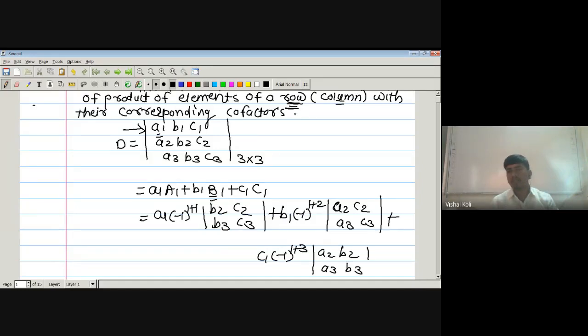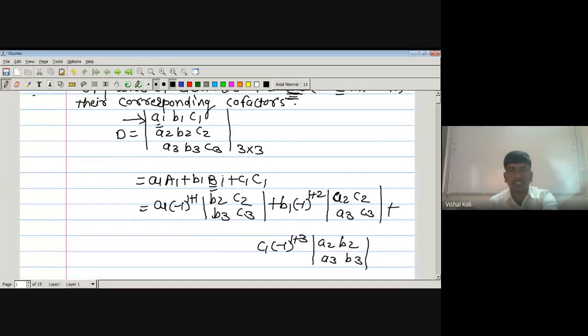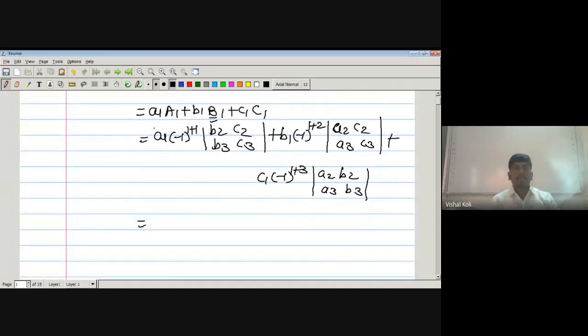Now it is a1 into -1 to the power 1 plus 1, that is 2, -1 to the power 2 is plus 1, a1 into, and we know how to find out the determinant of order 2, that is b2 c3 minus c2 b3.